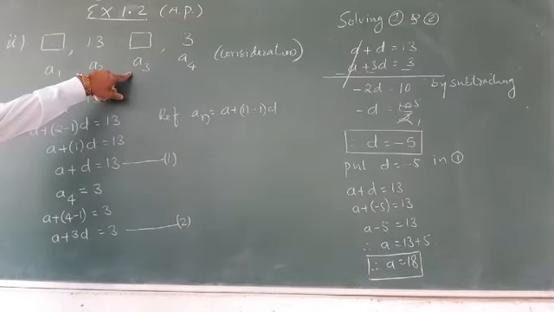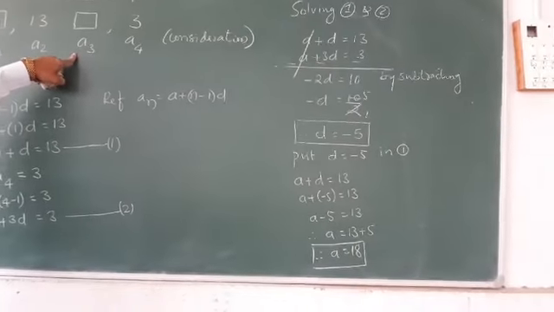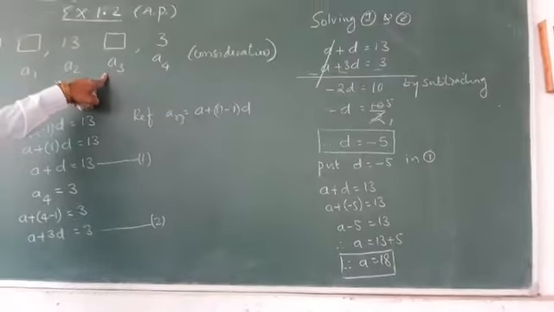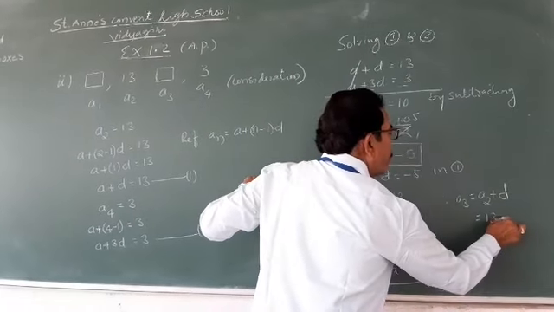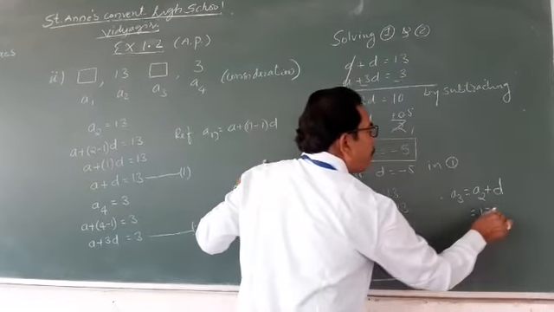Next we need A3. So, A3 equals A2 plus d. A2 is given as 13, plus d is minus 5.